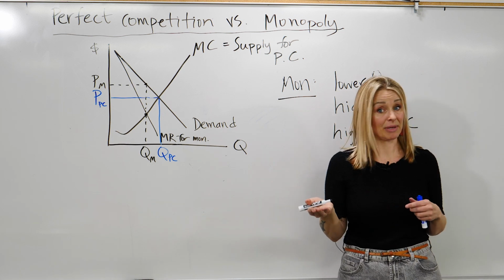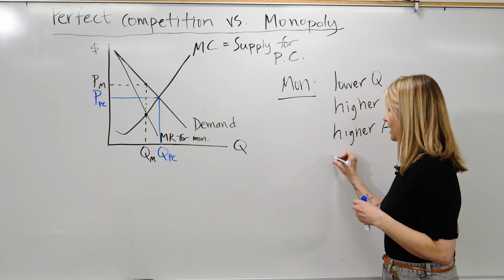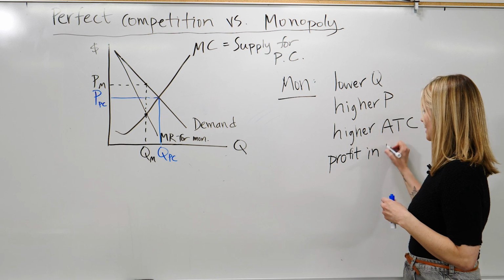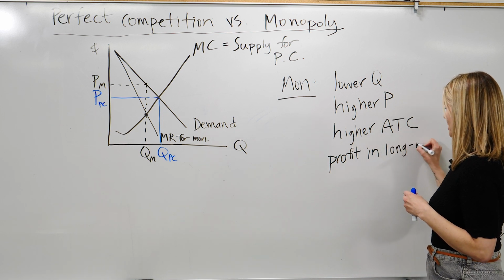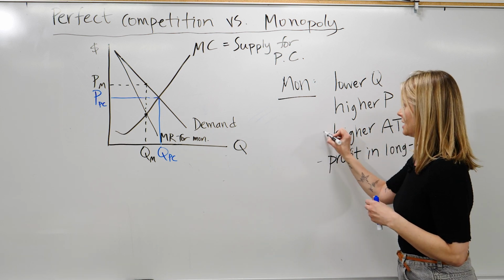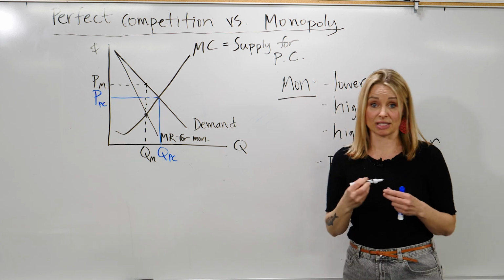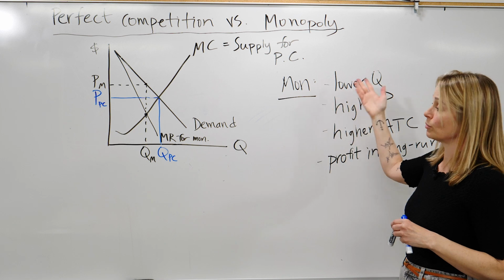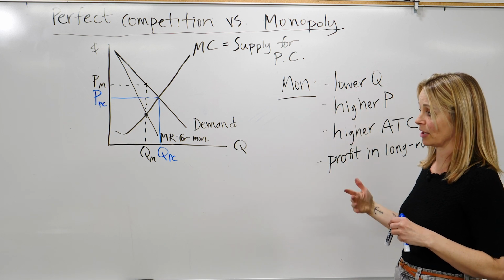They do not produce at the minimum average total cost. And they can make a profit in the long run because no one's going to jump in and lower the price and drive down the profit, because they can't, because it's a monopoly. So these are all the things that are true about the monopolist compared to perfect competition.